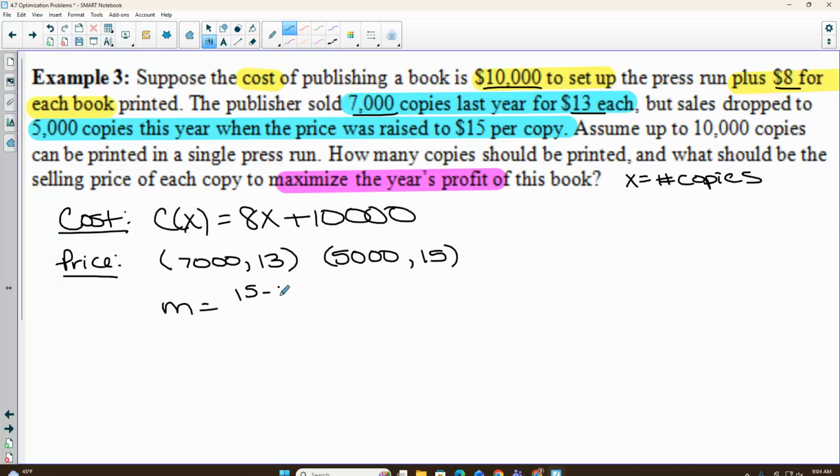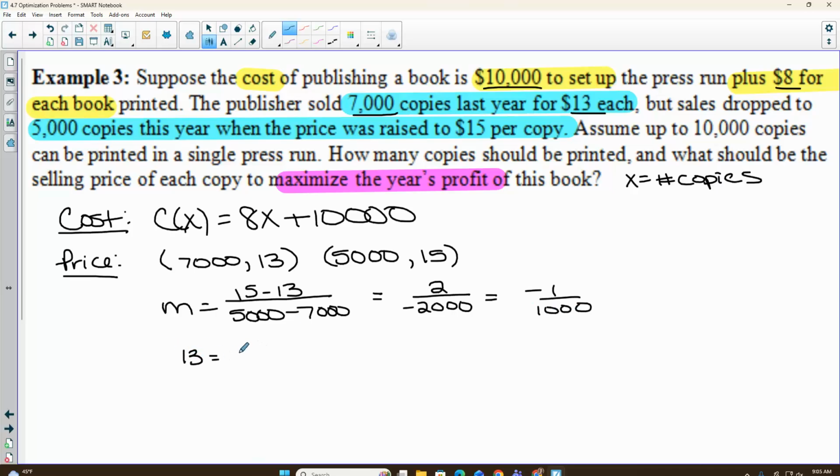y2 minus y1 over x2 minus x1. So my slope is negative 1 over 1,000. All right, think back to your algebra days. Take a point and the slope and plug into y equals mx plus b.